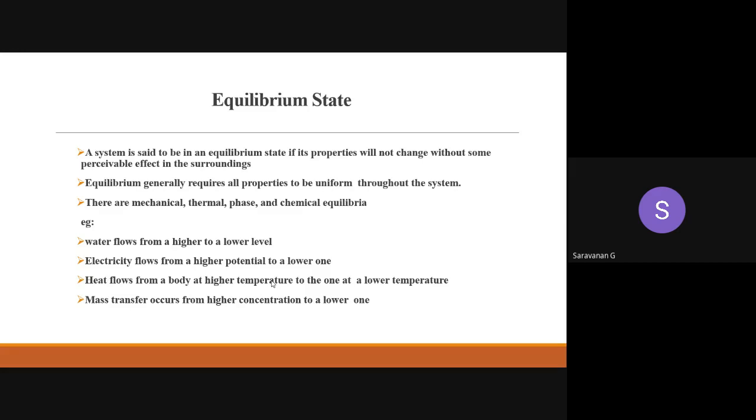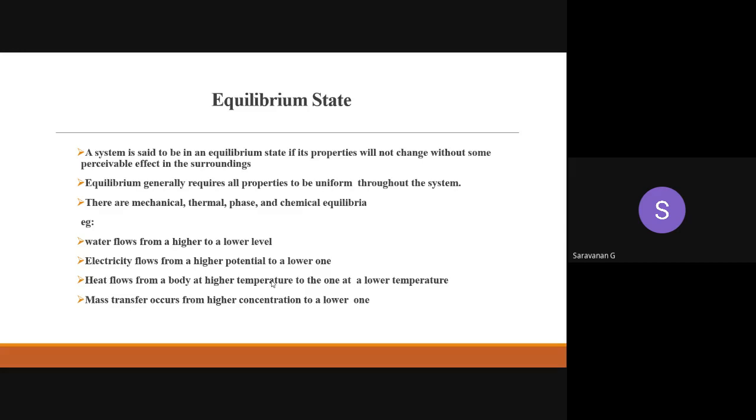Like that, heat flows from a higher temperature body, thermal equilibrium, mechanical work is done, and there should not be any unbalanced work. Whenever heat is generated in a body, it can react, generating some chemical changes also if your body is at a temperature.